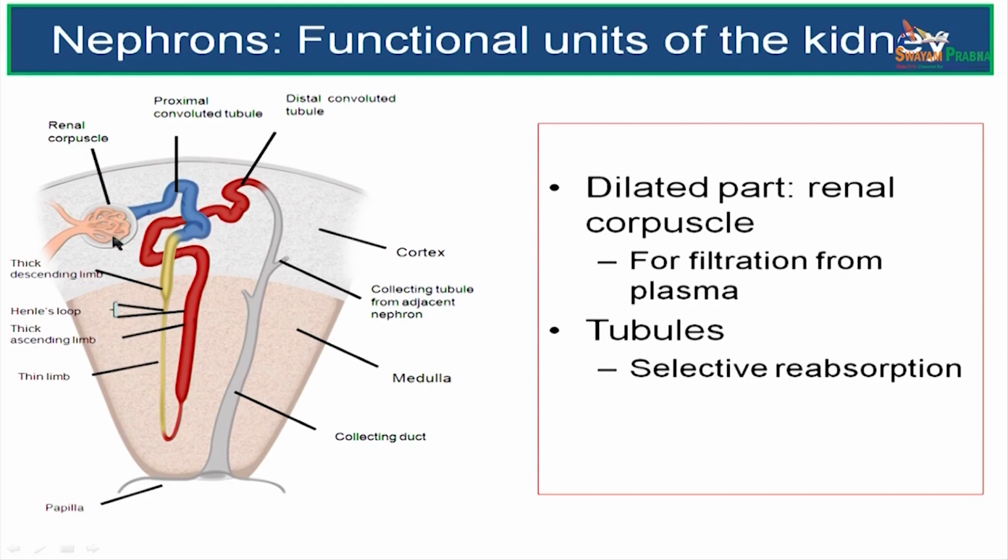As I told you, the uriniferous tubule has nephron and collecting duct. Nephron consists of a dilated part which is called renal corpuscle. This is renal corpuscle. What is it for? It is for filtration from plasma. And the tubules are for selective reabsorption. These are the two parts of the nephron, dilated renal corpuscle and tubules.